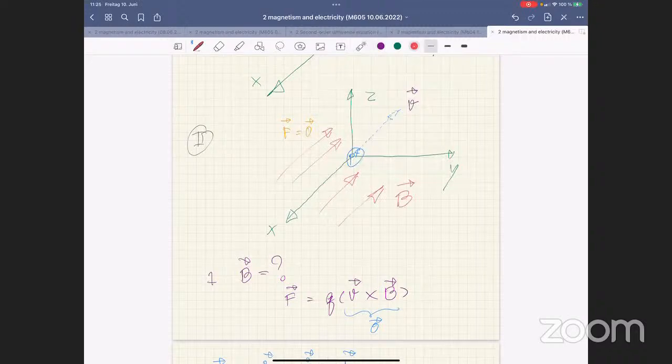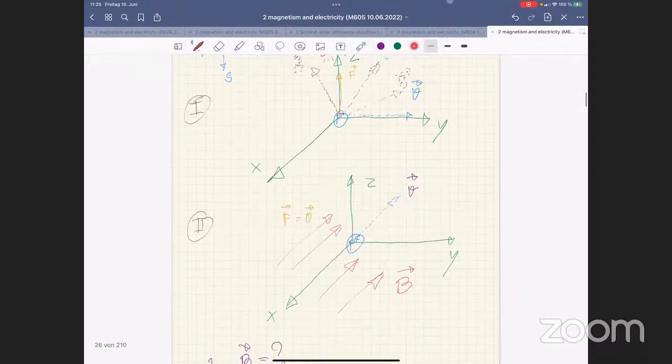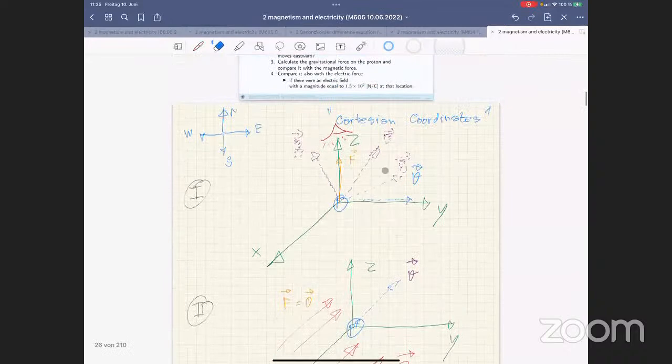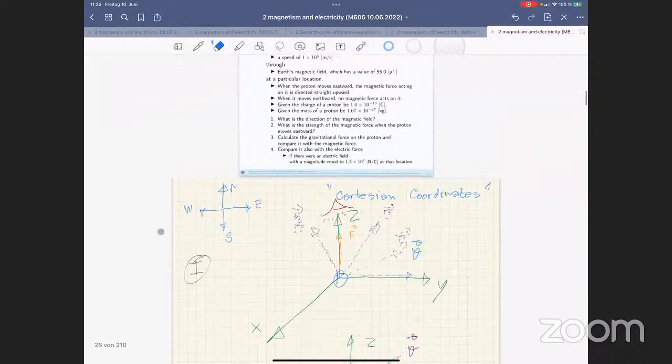Before that, in the first scenario, we cannot be sure where vector B is. It can be in any direction on the XY plane, but this one is in the same direction as vector V. So finally we get the answer. What is V then? V is moving to the north.